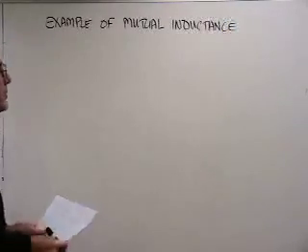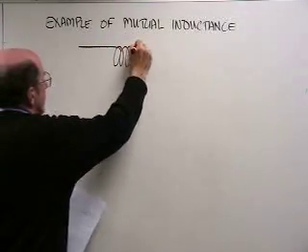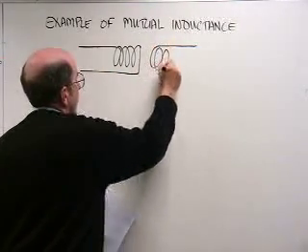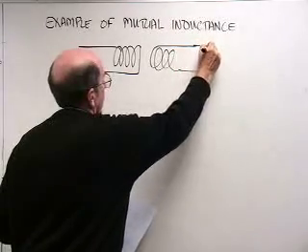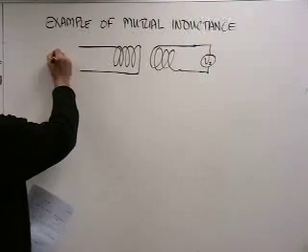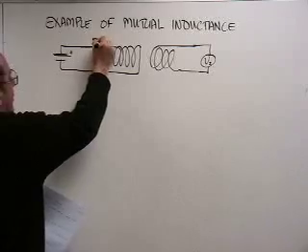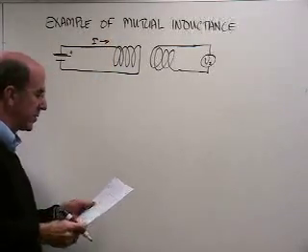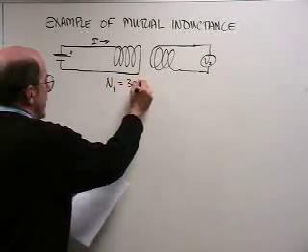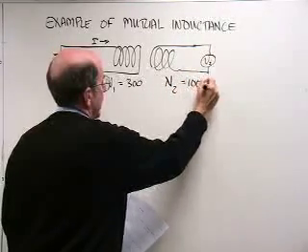Okay, let's do an example of mutual inductance. Suppose I have my two coils, and I'm going to draw them separate now, but they're really laying over each other. Let's suppose we have a case where this coil, N1, has 300 turns, and this coil over here, N2, has 1,000 turns.